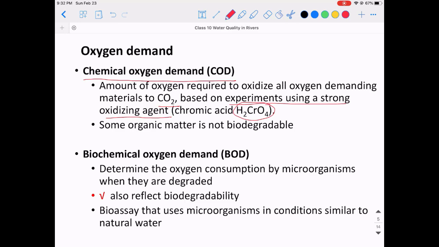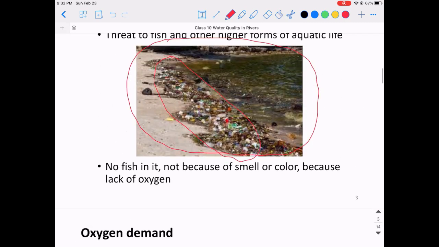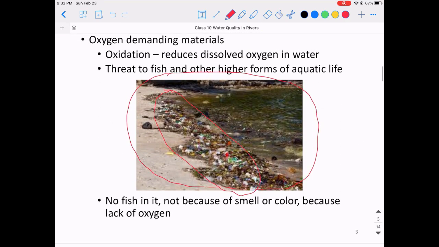All right? So we're using a very strong oxidizing material to basically oxidize all of these organic materials in the water. Okay?